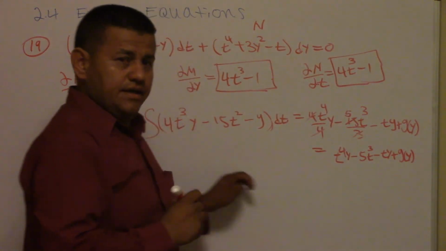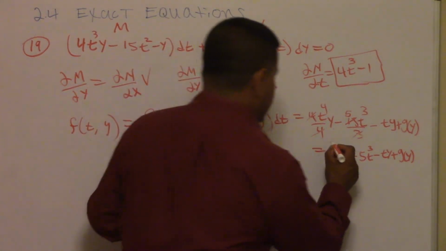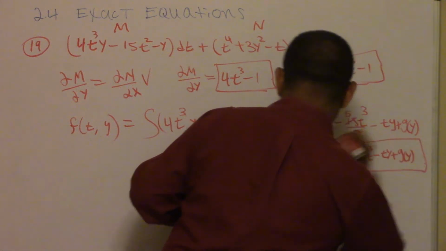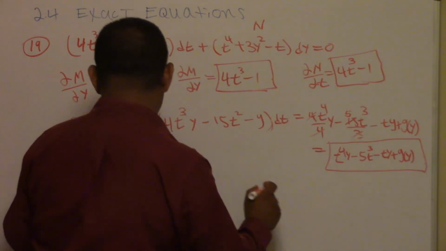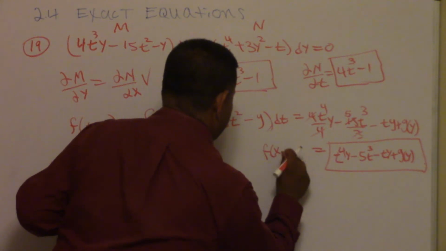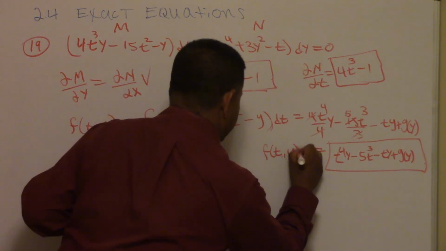Sorry, my marker is not working so good now. Now this is the integral, which is f of t comma y.